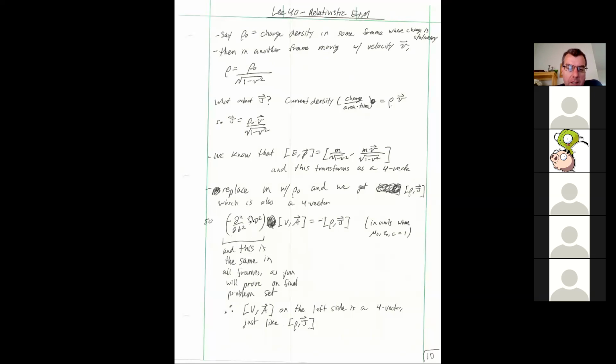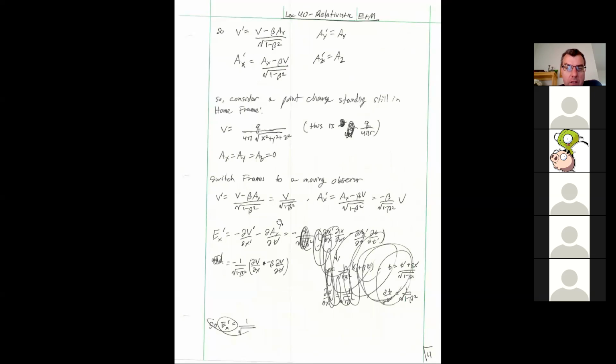So we've got something that's the same in all frames, acting on this and giving a 4 vector, which means that V and A must be 4 vectors. And so V and A transform like 4 vectors. V and A can be transformed via Lorentz transformations.